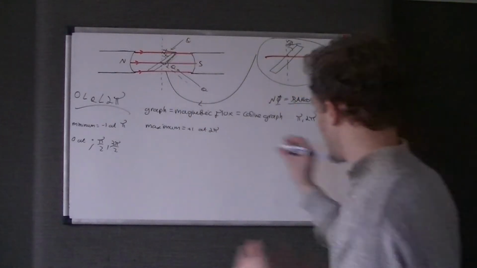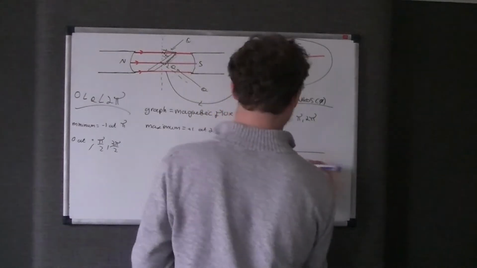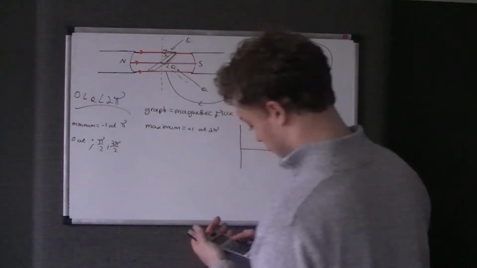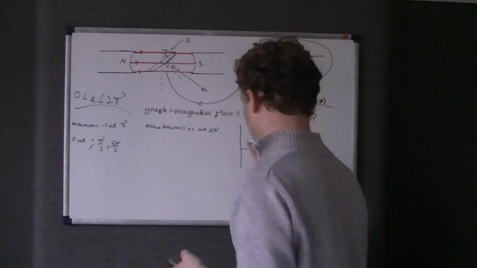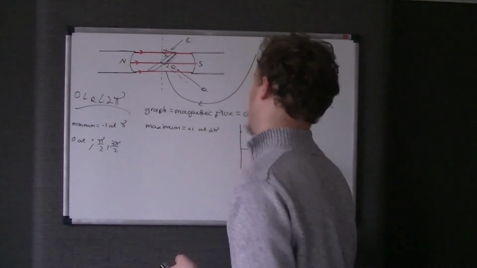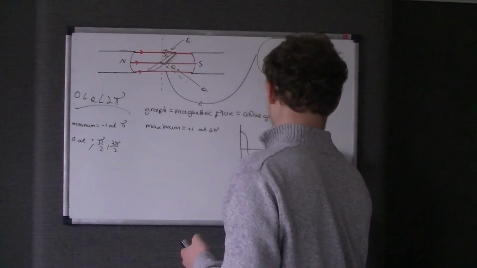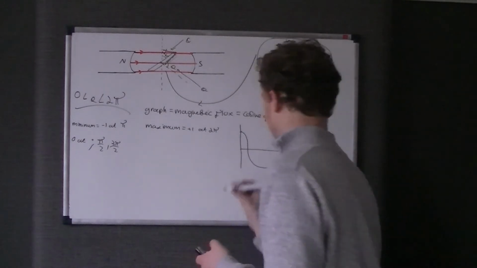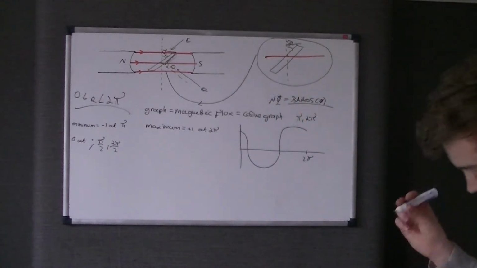You probably should have already known what the cos graph looks like. At 0, if you do cos 0, it's 1, so it's 1 here. This is how I start by drawing the graphs. The first intercept at 0 is pi on 2, and then it's 3 pi on 2. So it looks something like that. That's not perfectly accurate, but you get the idea.